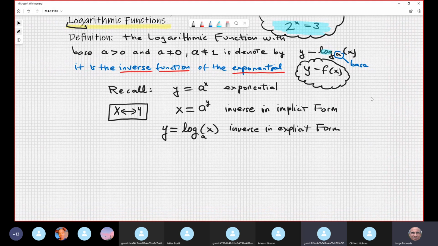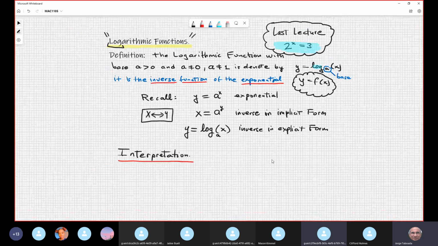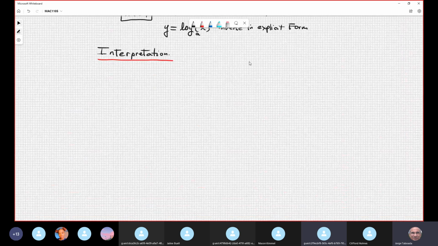Okay, this is the idea. Look, interpretation. And today we are doing a lot of examples of the logarithmic function. Suppose that we have two different parts, let me split the board in two.